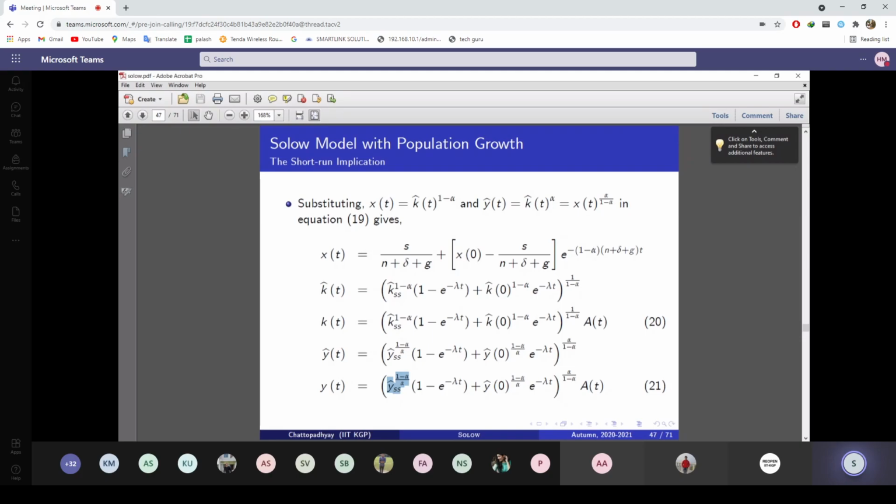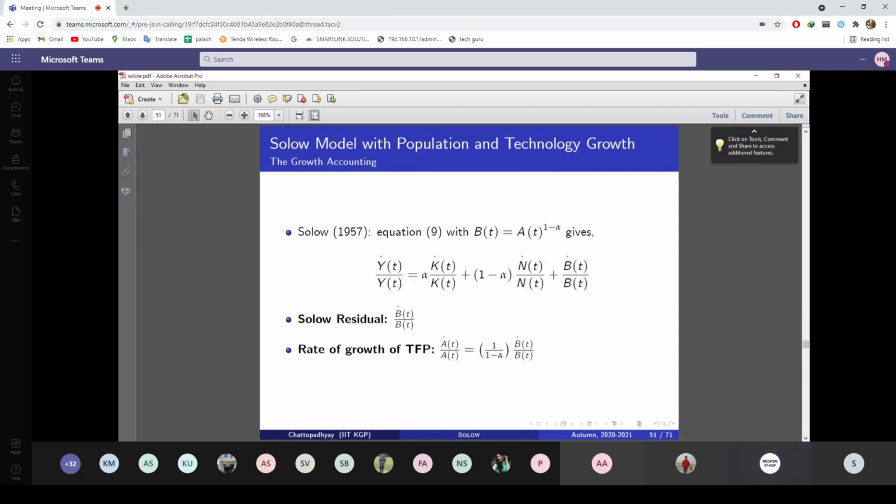Okay, sir. In the topic we just studied, can you go to that slide? Sir, that ratio, TFP, is equal to the growth rate of technology, right?